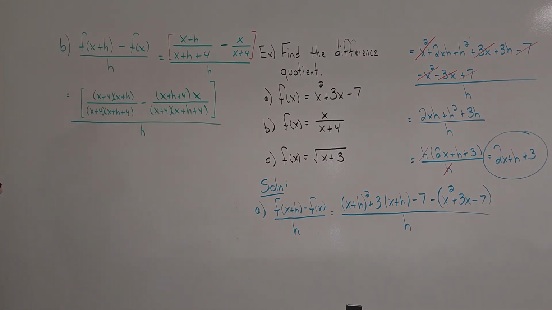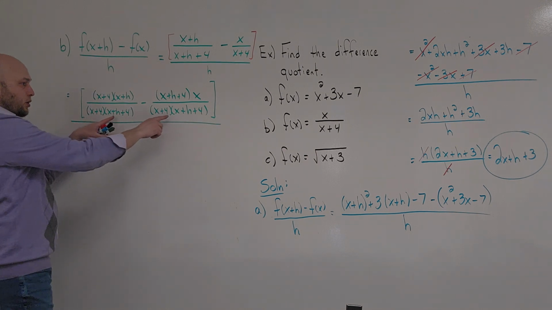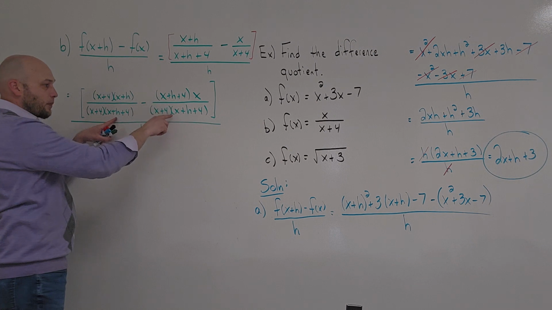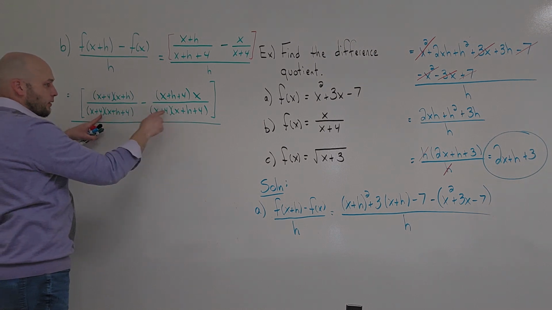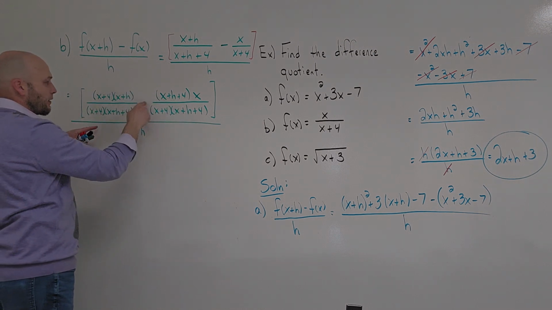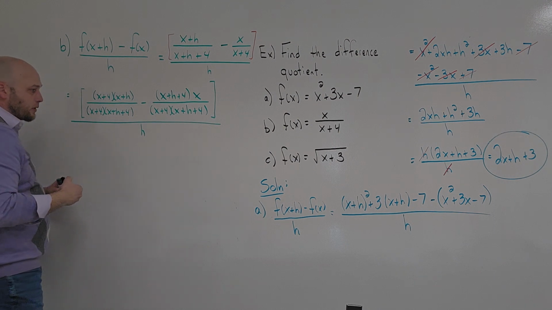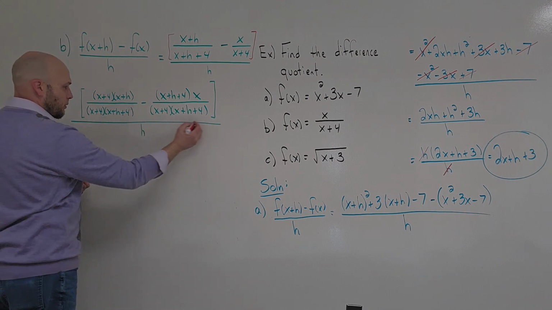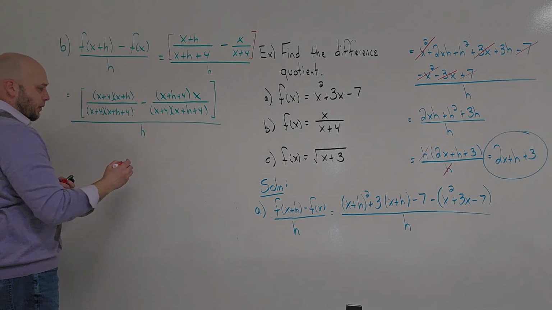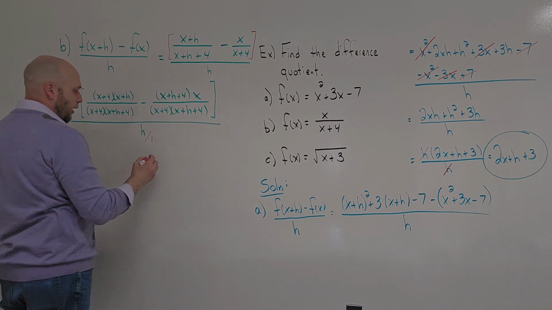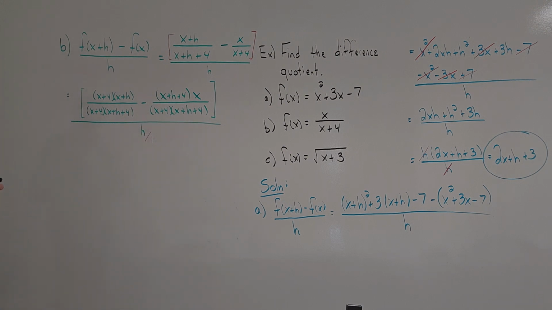Okay. What I'm then going to do is these two terms can go under the same denominator. So this denominator matches, so I can just combine the numerators. And then I can also take this h, which is under the gigantic fraction bar, make that h over 1 and then flip and multiply.